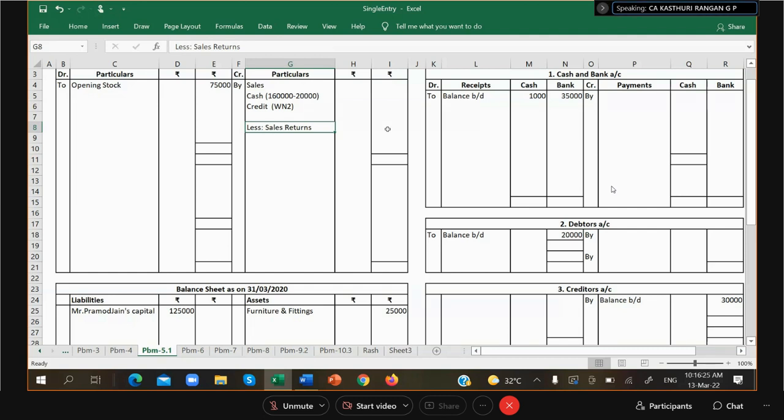The net effect will be the net sales. Similarly, in the trading account, purchases: cash purchase, credit purchase, total, less purchase return. Any direct expense we'll put in the trading account to get the gross profit. Okay, so please do it along with me. You will know at what speed we have to do the problem.